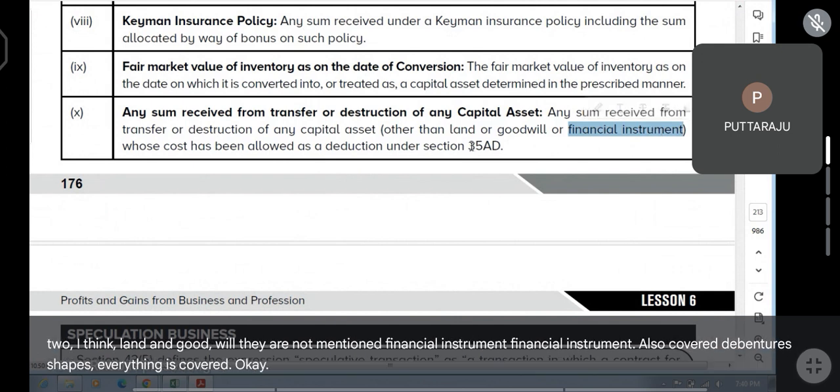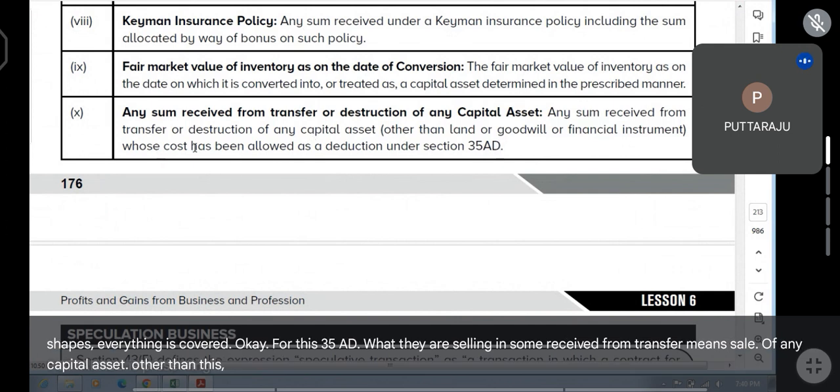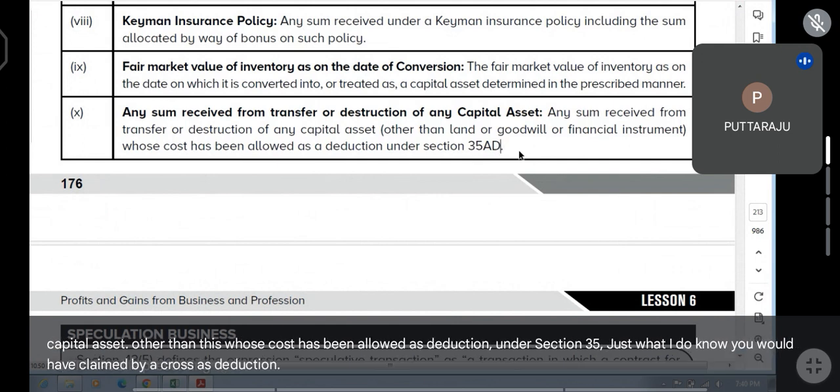For this section 35AD, any sum received from transfer means sale of any capital asset, other than this, whose cost has been allowed as deduction under section 35. Just what I told you, you would have claimed 5 crores as deduction. You sold it for 7 crores. Difference 2 crores has to be taken as business income.